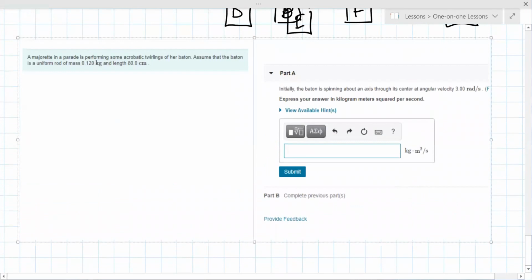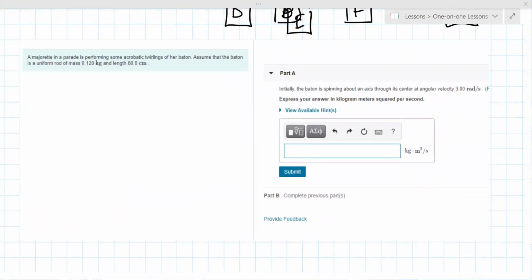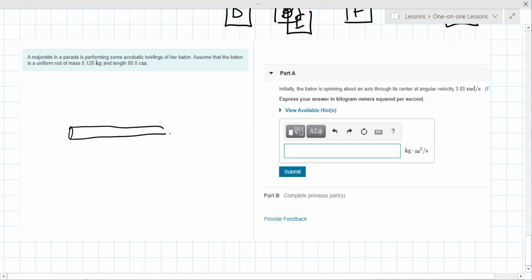Okay. So the question they ask here, which I didn't snip, is what is the magnitude of its angular momentum about a point where the axis of rotation intersects the center of the baton? So the baton is a uniform rod of mass, length 80, and it's spinning through its center.